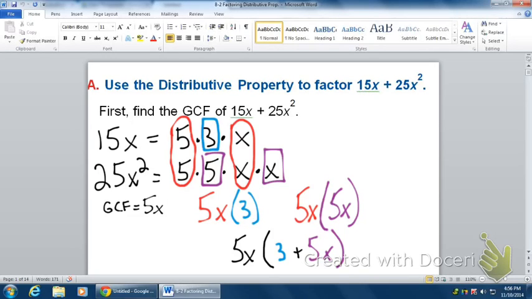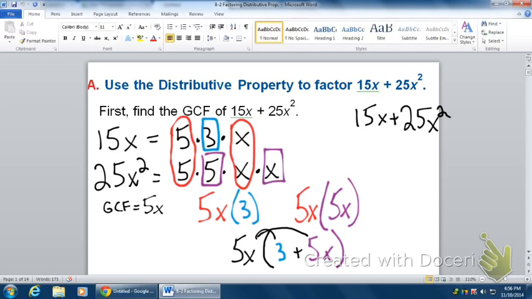Okay? A great way to see if you did this correctly is to check it. If we multiplied 5x times 3, we'd get 15x. Look up at the top right. We'd get 15x. If we multiplied 5x times 5x at the bottom, that gives you a plus 25x squared.